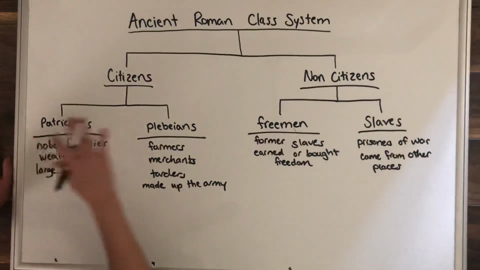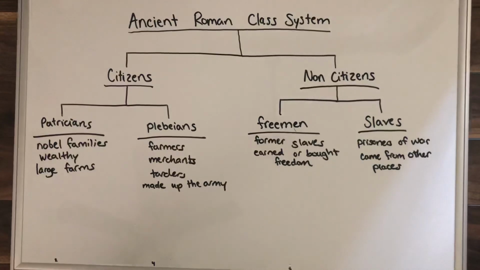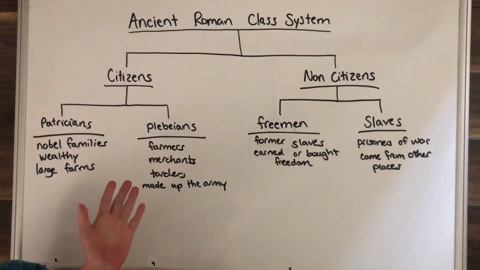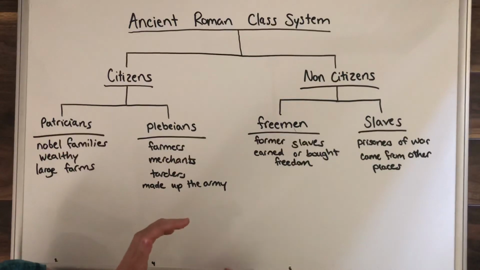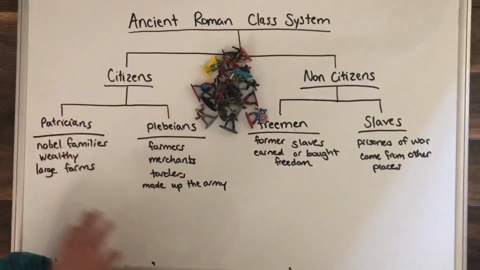So these really are our four classes we're going to concentrate on. In the very tippy top, we're going to have the king, who later gets overthrown for being tyrannical. Just so that you can see how the people are separated, and you're going to kind of need this for your pyramid you're going to fill in, I have some citizens here for you, aka the Avengers.